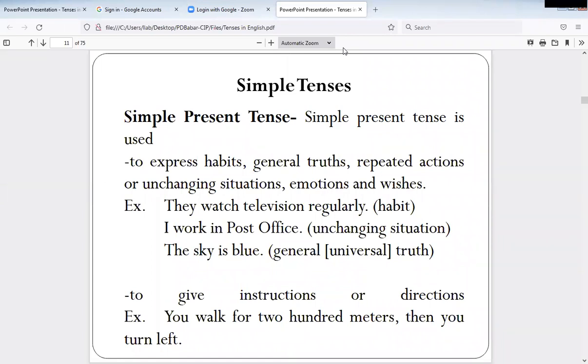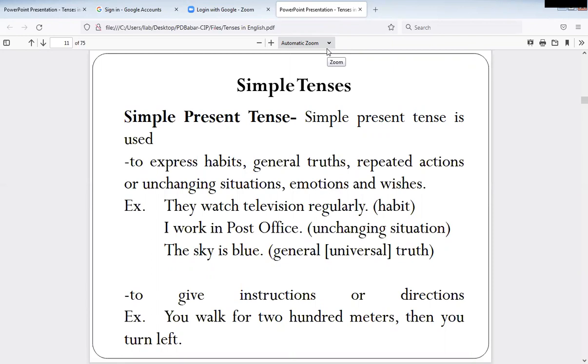So you give these types of instructions with the help of the simple present tense.